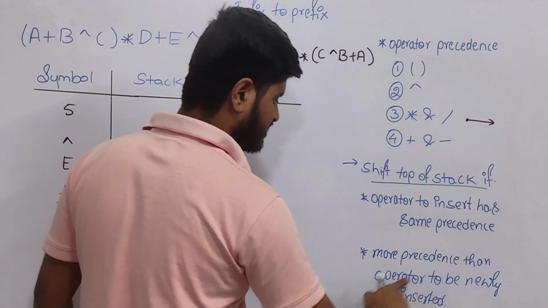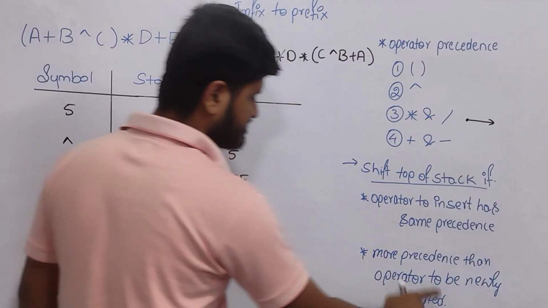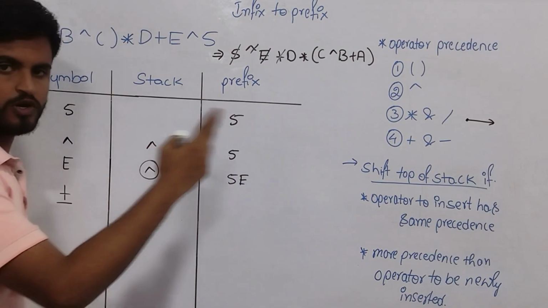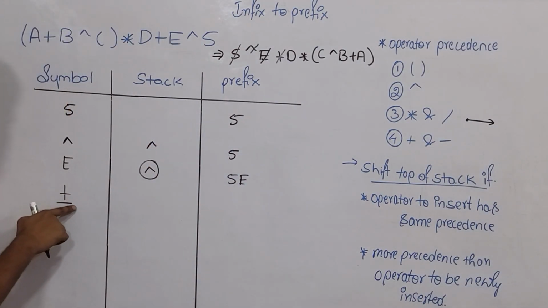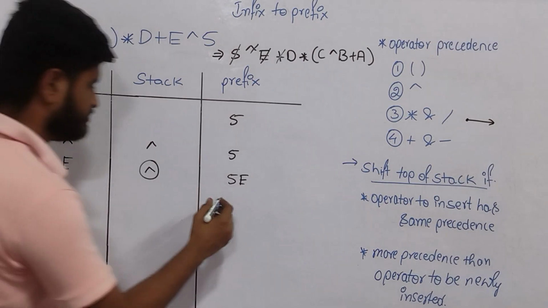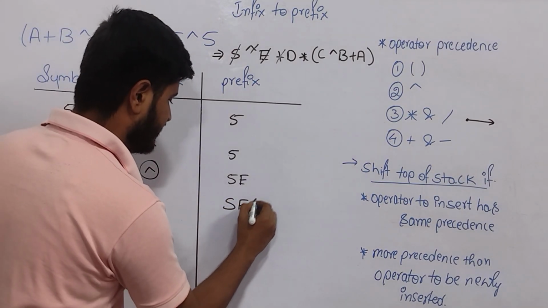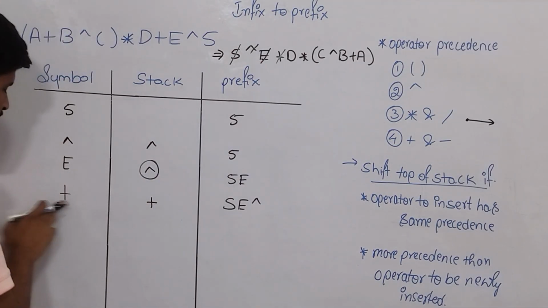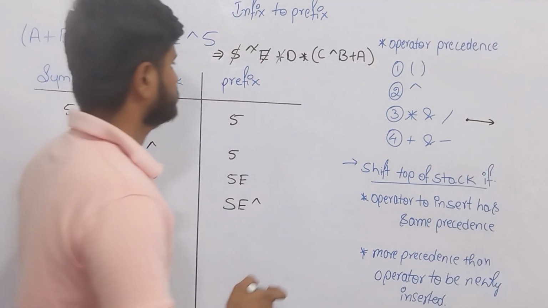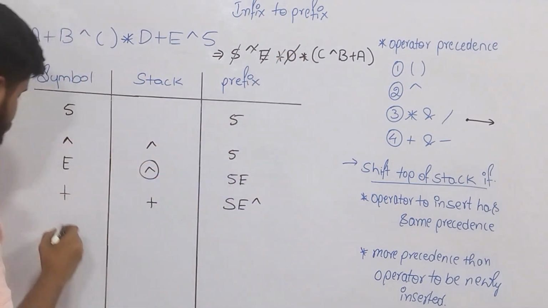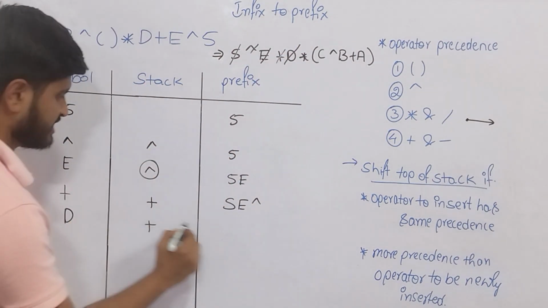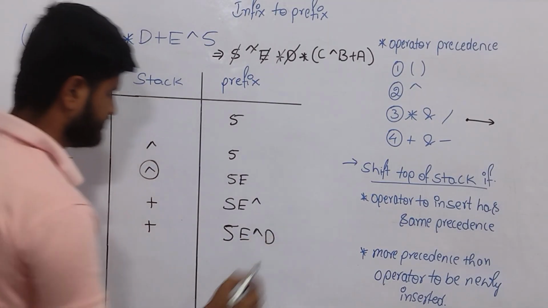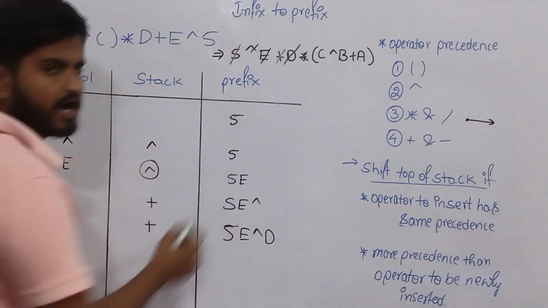So the newly inserted value is plus and exponential has more precedence than it. So exponential is shifted towards the prefix and you are left with the plus here. Now d. So plus will remain as it is, and the prefix is 5e exponential d.